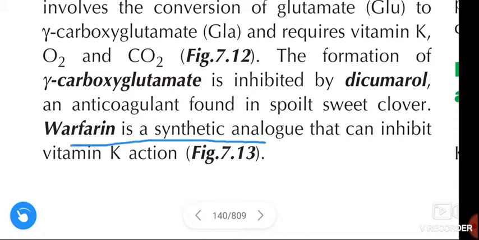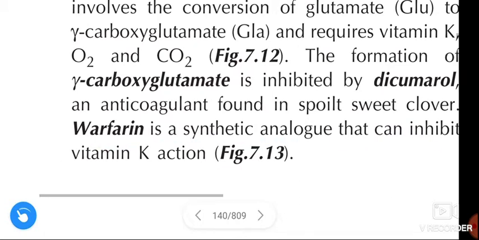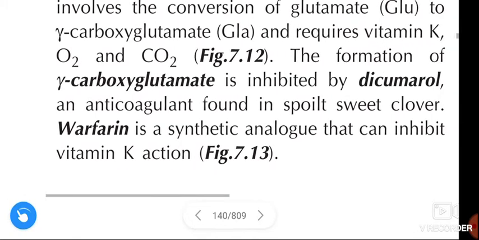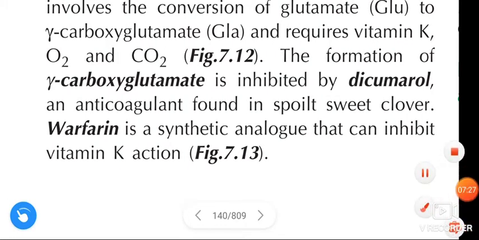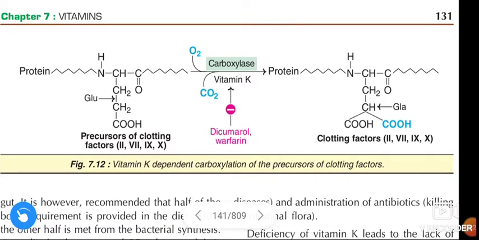Warfarin is a synthetic analog that can inhibit the vitamin K action. See here, these are the inhibitors.